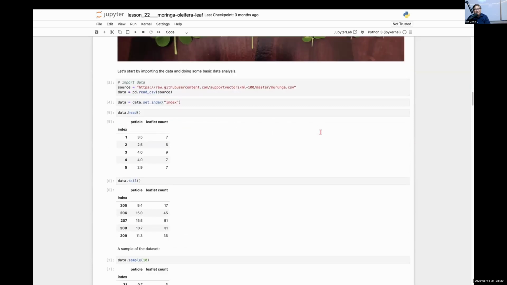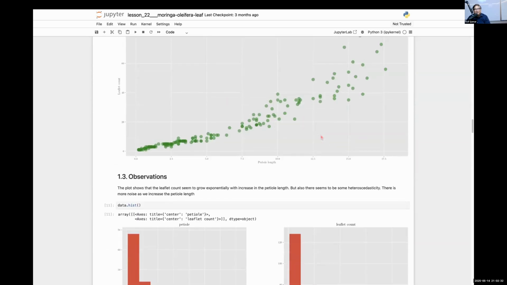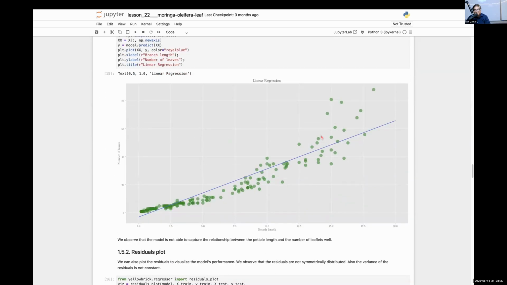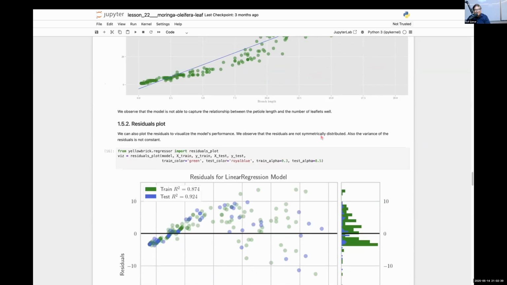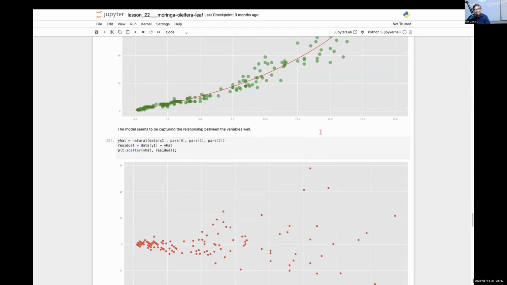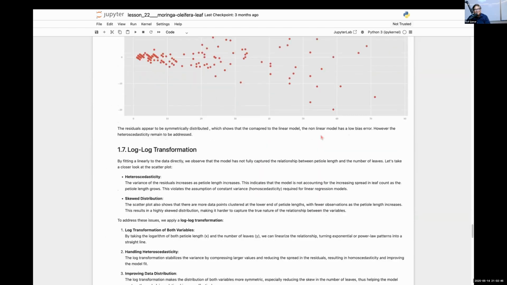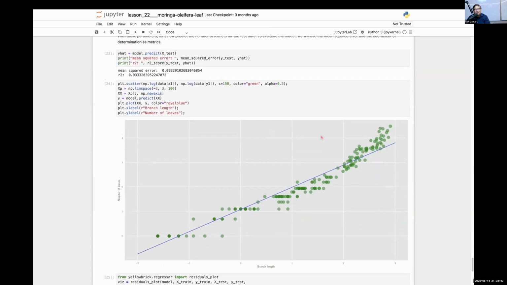Can you predict how many leaves it will have? She did a beautiful analysis. She's in the audience at this moment, actually. And she built this model, which you would agree is a pretty good model, even though the data is nonlinear.